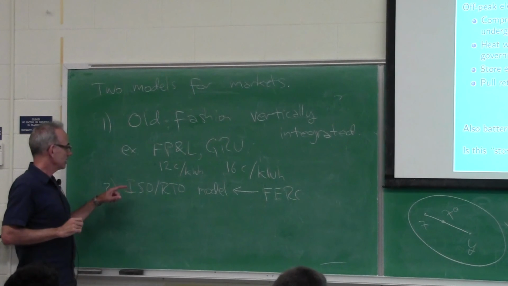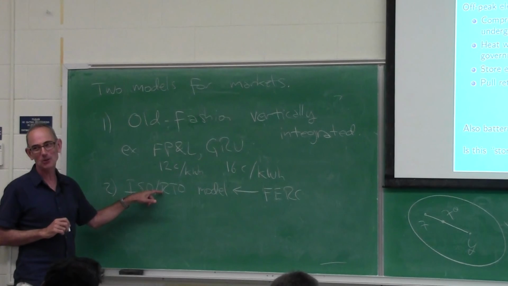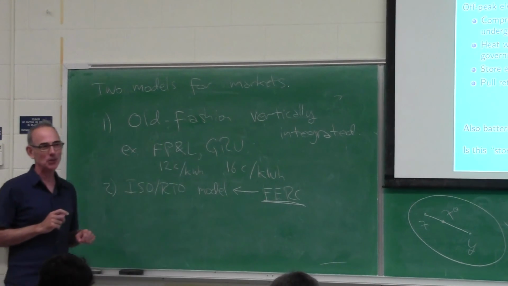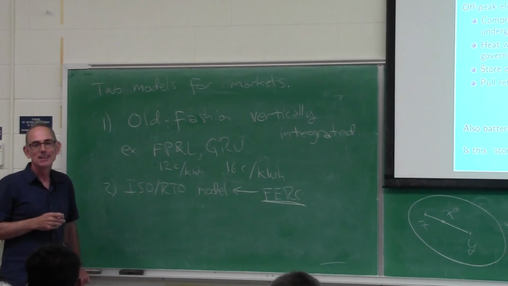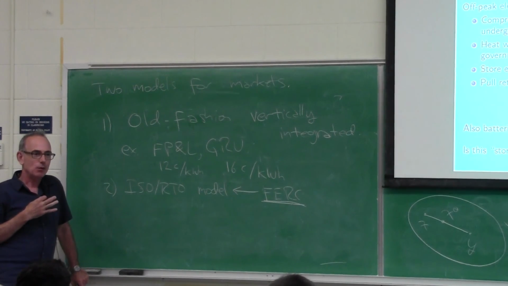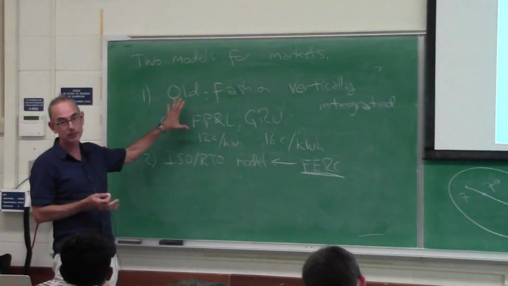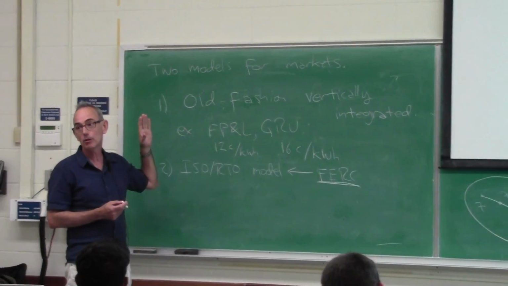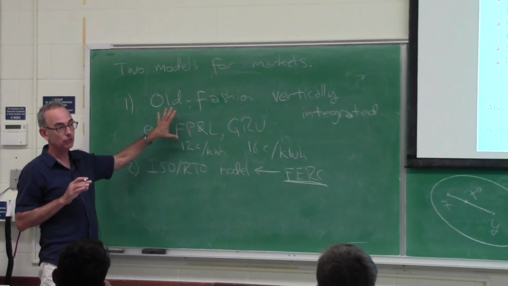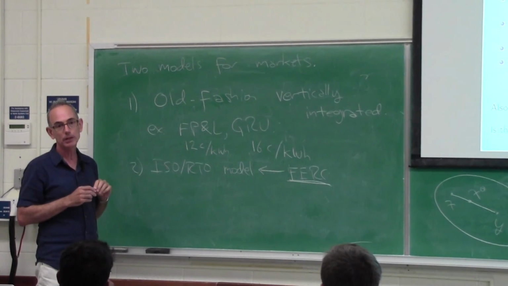Independent system operator or regional transmission operator, we'll see these acronyms again, don't worry. FERC, and you'll hear me say FERC with tension in my voice. So in the late 80s, there was a big push to deregulate the power industry and get rid of this system. The first experiment really was in Chile, where they took the system that was in place, where everything was owned by the government, and just sold it off to private companies.